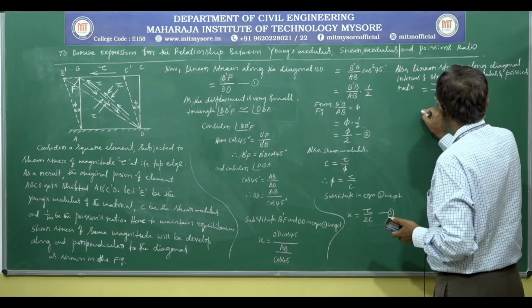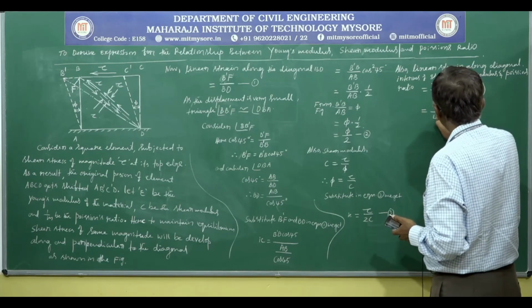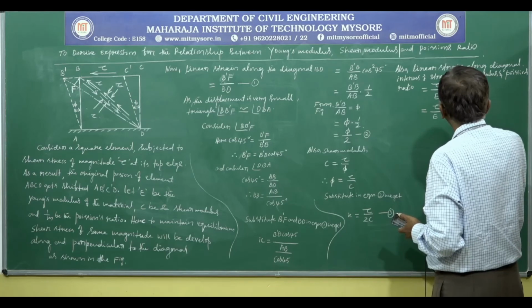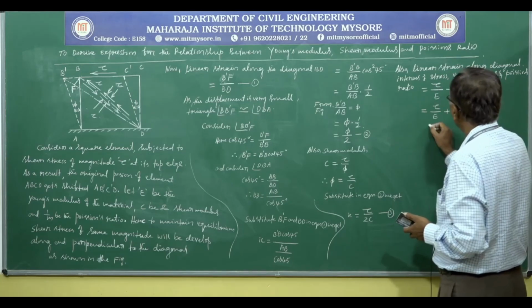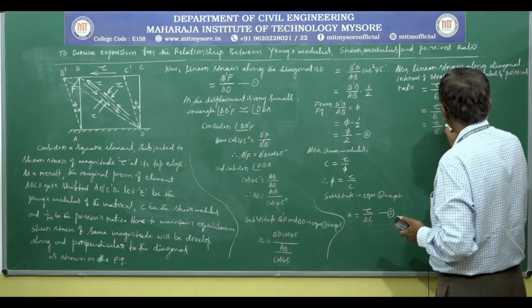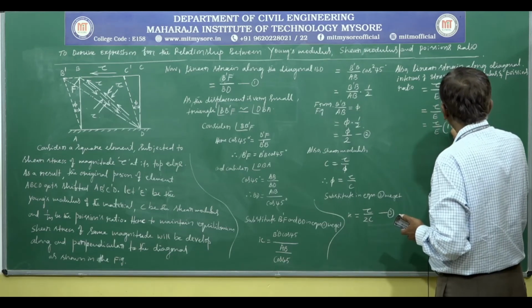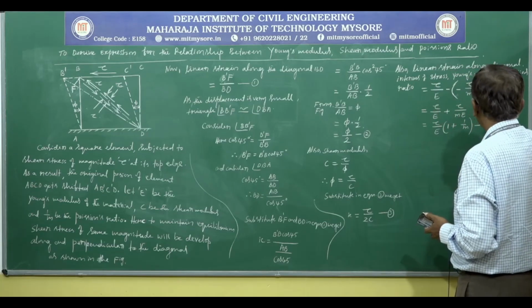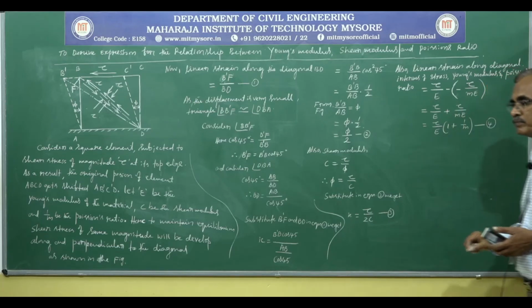That is equal to tau divided by E plus tau divided by mE, which is tau by E into 1 plus 1 over m. Call this equation 4.